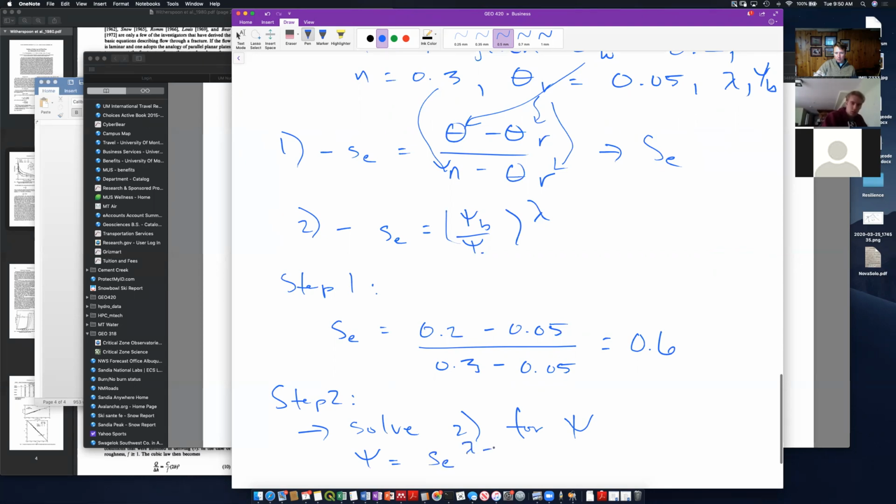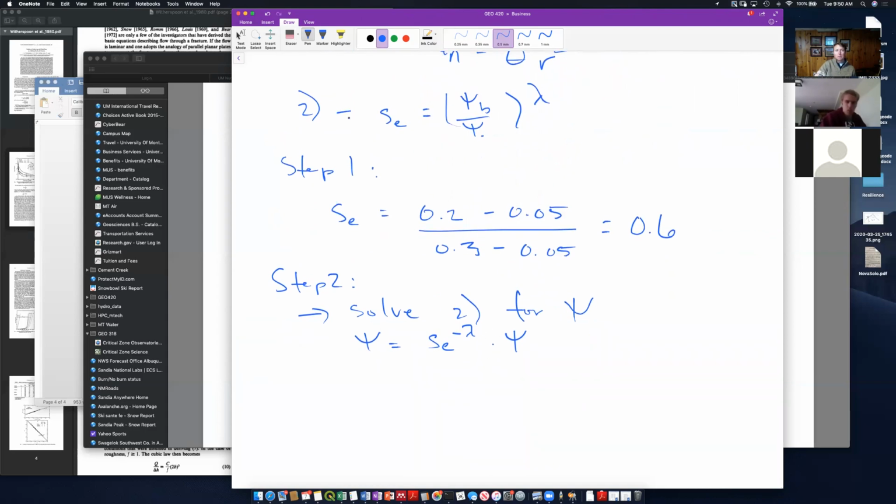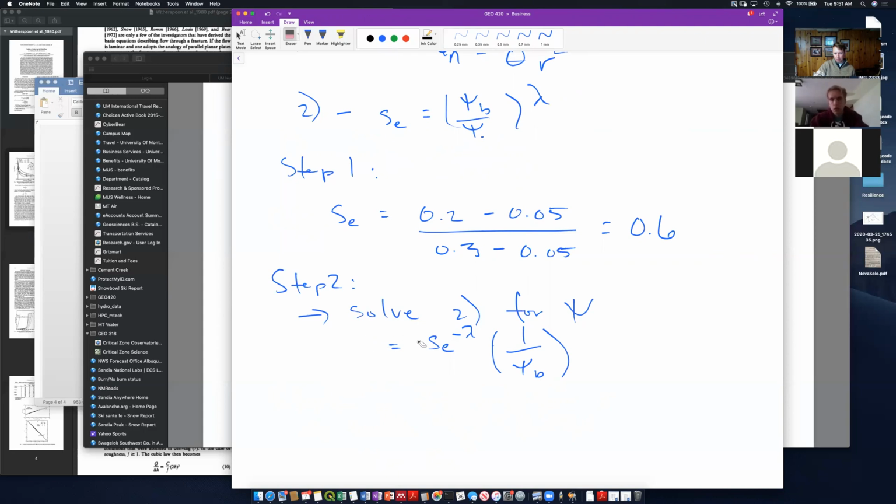SE to the negative lambda, divided by... So all I did was take this guy to the negative lambda, this guy to the negative lambda, and then I can see already I'm making mistakes because I'm skipping steps. Let's just solve it.